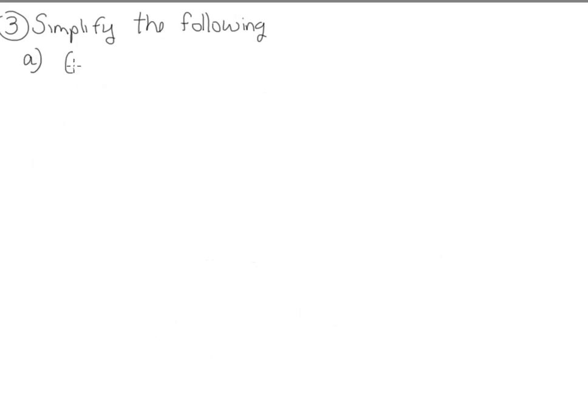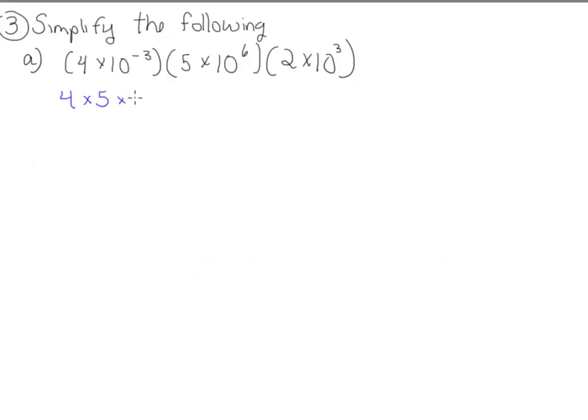Example 3, we are going to simplify the following. We have 4 times 10 to the negative 3 times 5 times 10 to the 6 times 2 times 10 to the 3rd. So remember, when we multiply and divide scientific notation, we put the like terms together.